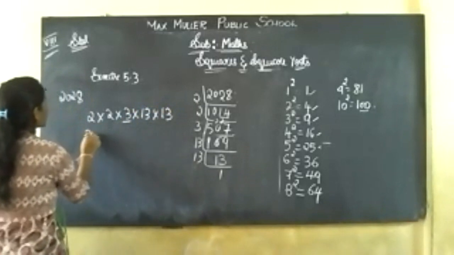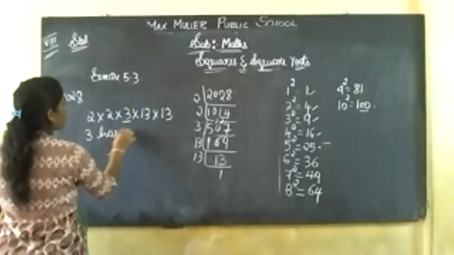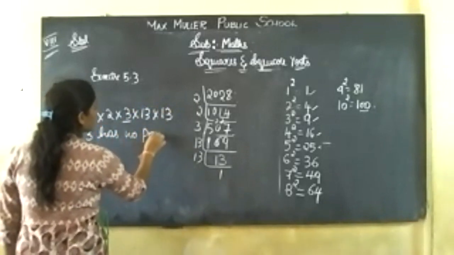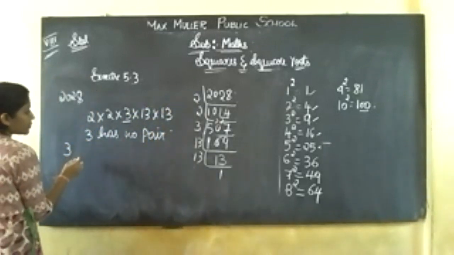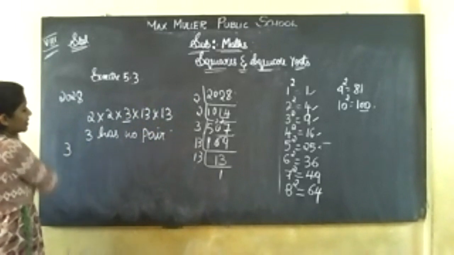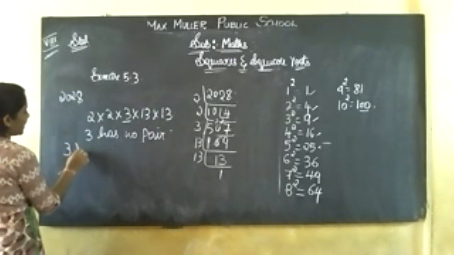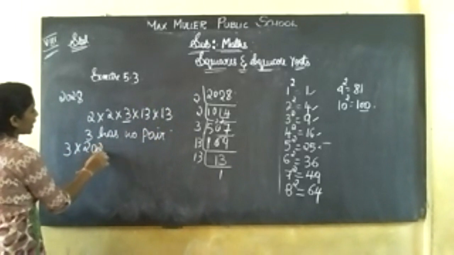So here 3 has no pair. What you have to do here is, since 3 has no pair, multiply this number 2028 by 3.